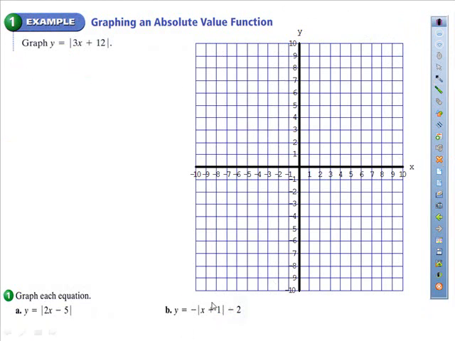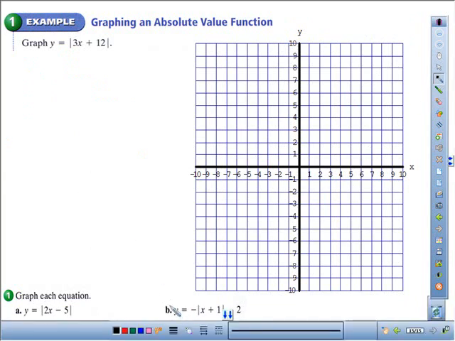All right. So let's graph this equation right here. 1b. Since it has a negative sign right here, let's do something different. So I'm graphing 1b right here. This problem, we have y is equal to negative absolute value of x plus 1, minus 2.